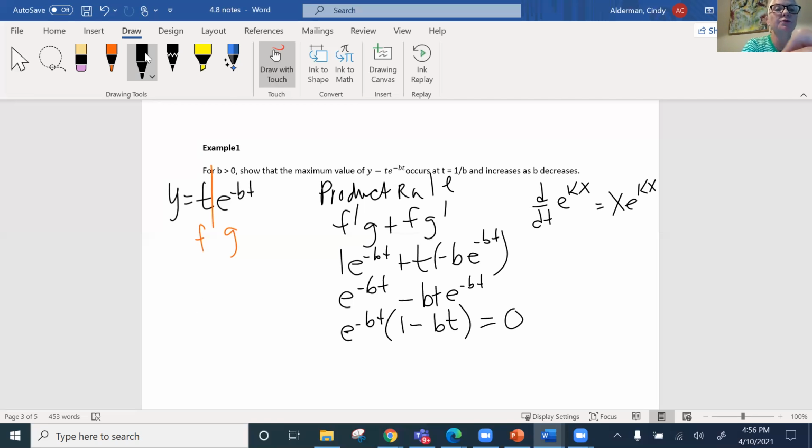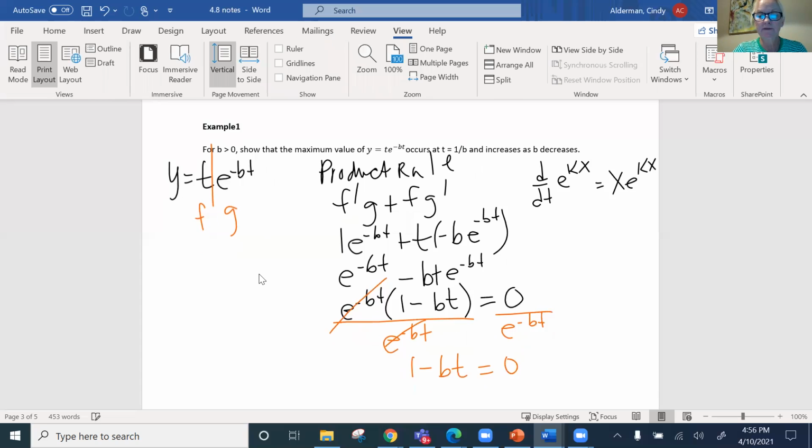So if you divide both sides by e to the negative bt, you can get rid of it because anything that you divide 0 by is just going to be 0. So now we're left with this real simple 1 minus bt is equal to 0.